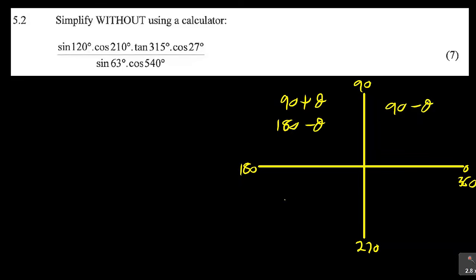It's always good to do that first before you answer such questions. 180 plus theta, as well as 360 minus theta. Remember, the concept is here: All Students Take Chemistry. Don't forget that. So this is first, this is second, this is third, and this is fourth quadrant.